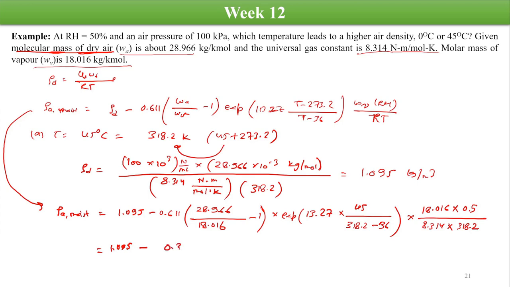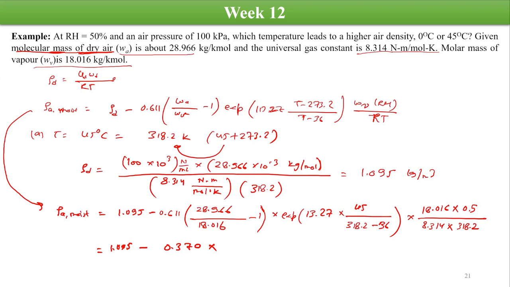So it will be 0.370 multiplies exponential e to the power 13.27 multiplied by 45 divided by 318.2 minus 36.